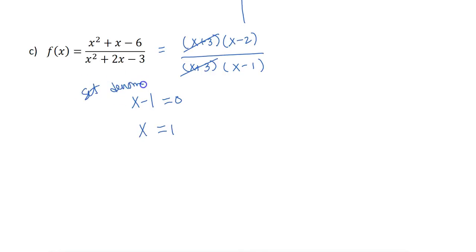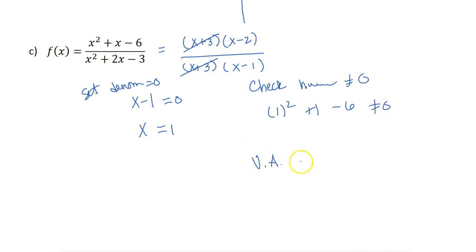If we check the numerator, from the original problem, 1 squared plus 1 minus 6 is definitely not 0, so that means there is a vertical asymptote at x equals 1. So again, you can start from the beginning and set the whole denominator equal to 0, or you can go ahead and take out those removable discontinuities if you want.